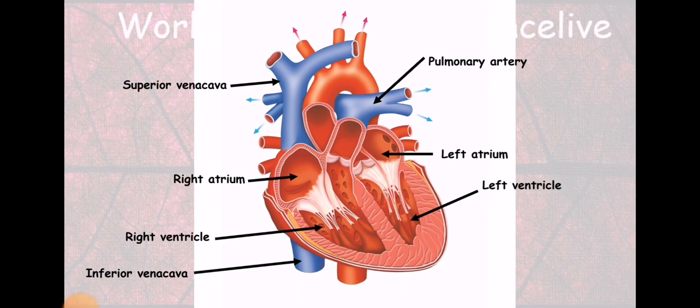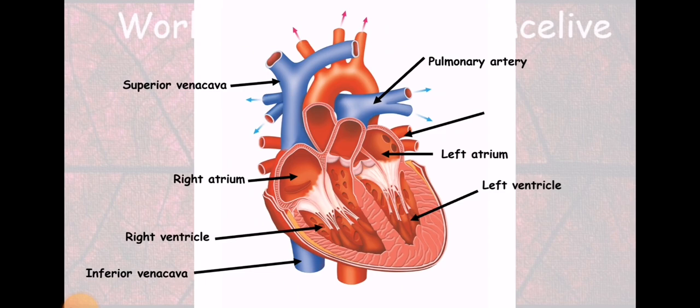So in the lungs, exchange of gases, exchange of oxygen and carbon dioxide, takes place. Deoxygenated blood is converted into oxygenated blood. Then oxygenated blood is taken into our heart again through the pulmonary veins. There are 4 pulmonary veins connected to our left atrium. Now, the left atrium is filled with oxygenated blood. We call it pure blood.